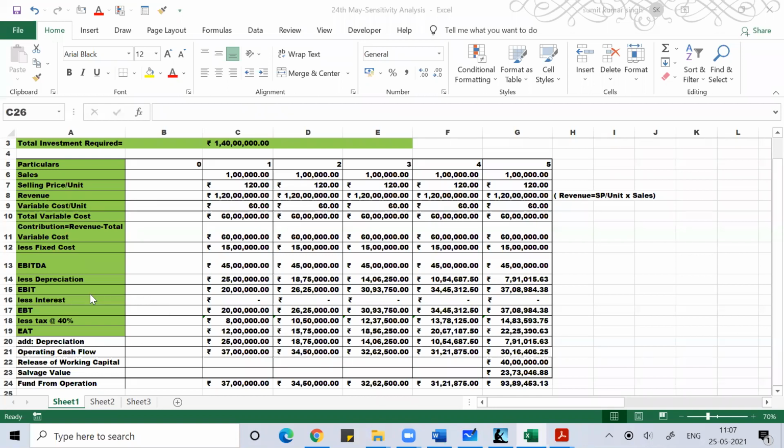Calculation wise, anyone have any doubt? I think everyone, please make a note of this.